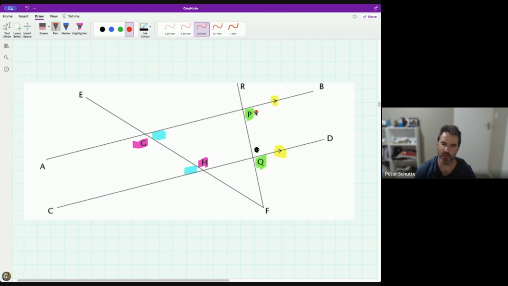What is the name of the relationship that we talk about? Those are co-interior, yes. Now, what's important to remember is that co-interior angles are not equal. Co-interior angles are going to add to 180, or we say they're supplementary.